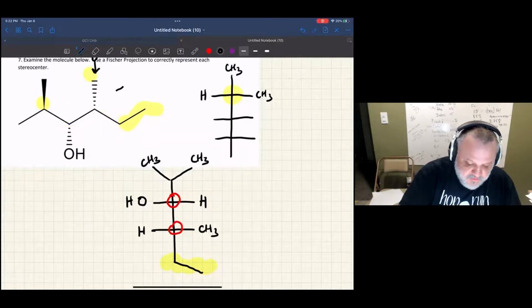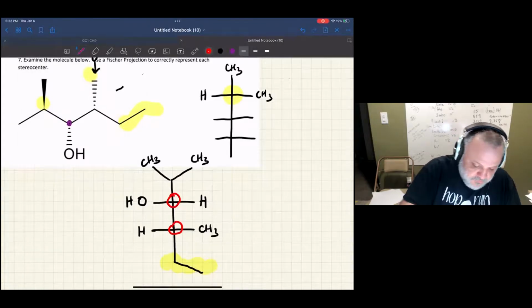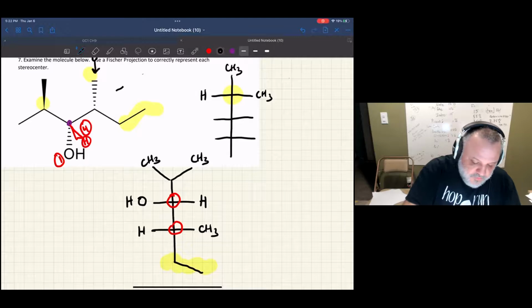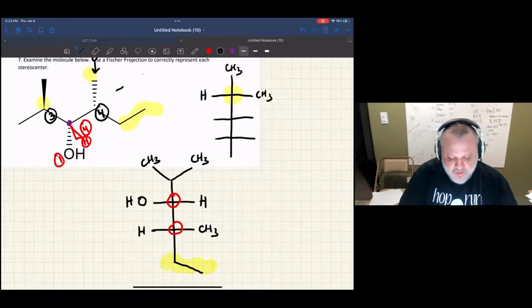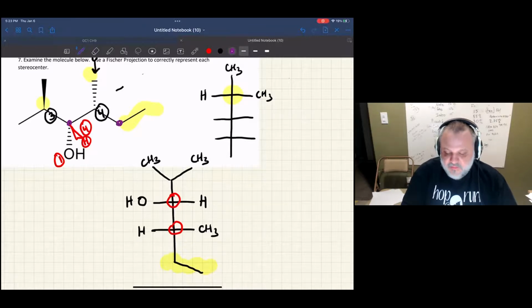Okay, with this stereo center, the one that has the OH, here's group number 1. The hydrogen that's coming towards me is group number 4. And then it looks like this would be group number 3, and this would be group number 4. And it's this carbon that breaks the tie between 3 and 4.